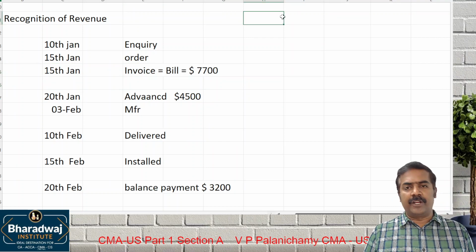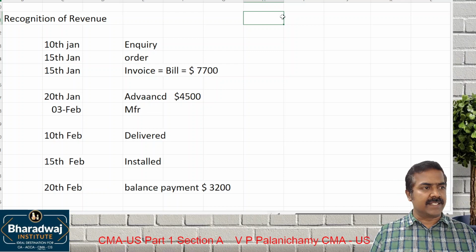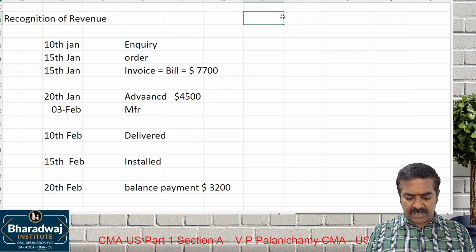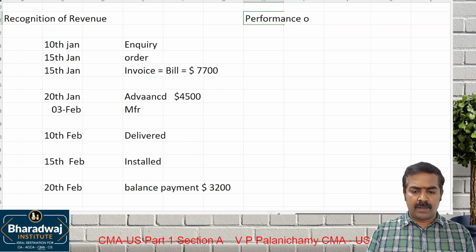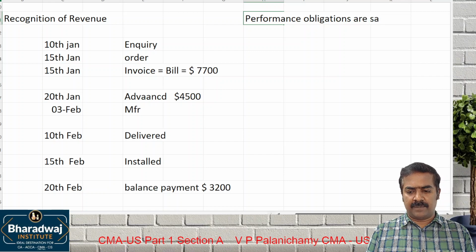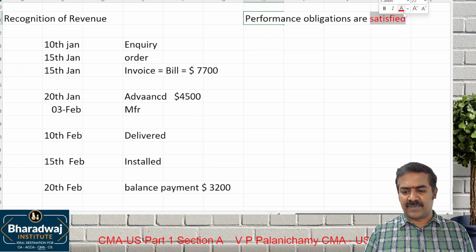According to the Financial Accounting Standards Board as well as ASC, revenue can be recognized when performance obligations are satisfied. Not created, but satisfied.